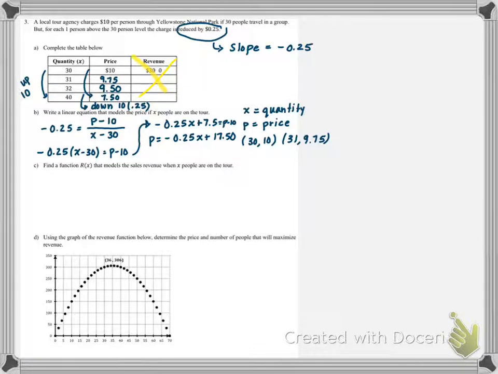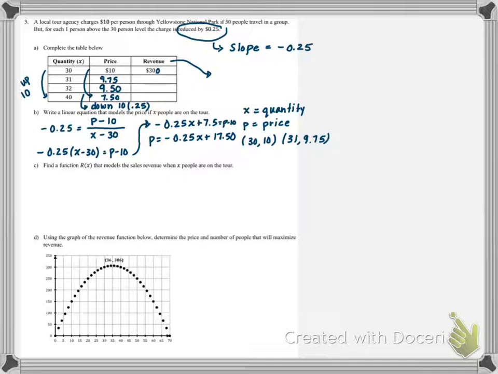Now we want a function for our revenue. So that's what we're really trying to get to, a maximum revenue. Here we go. So in general, revenue represents the total amount that you collect from selling something or performing a service.